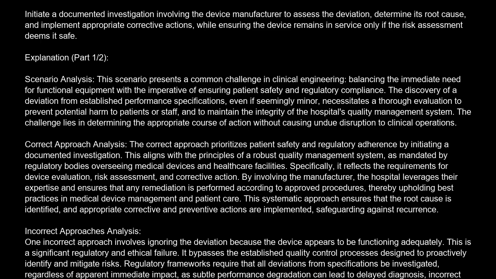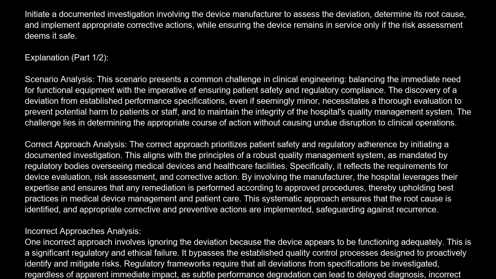Correct approach analysis. The correct approach prioritizes patient safety and regulatory adherence by initiating a documented investigation. This aligns with the principles of a robust quality management system, as mandated by regulatory bodies overseeing medical devices and healthcare facilities. Specifically, it reflects the requirements for device evaluation, risk assessment, and corrective action.